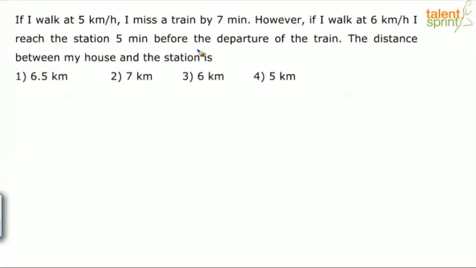If you have gone through the video of time and distance, you will be able to solve this question in less than 10 seconds. This is a very popular question type from time and distance. And we have seen in many previous competitive exam papers that similar questions have been asked. So you must know how to answer this in a smart way. I would say 10 seconds is more than enough to crack this one.